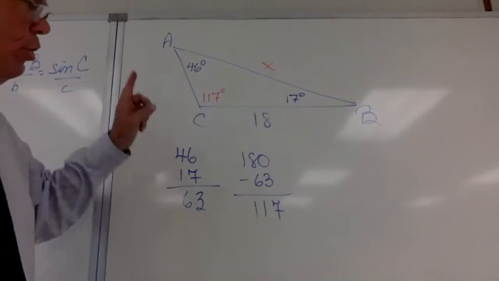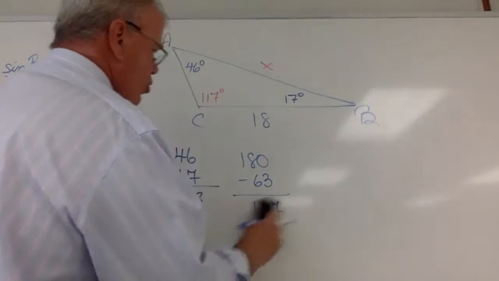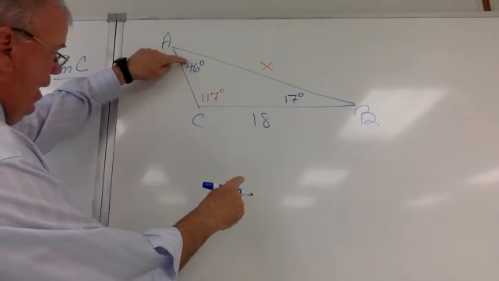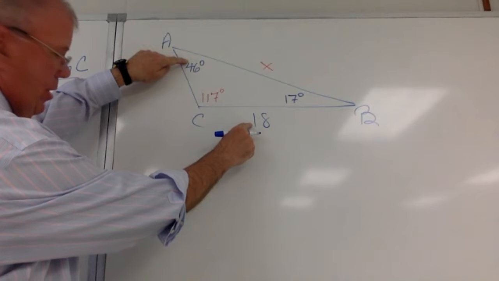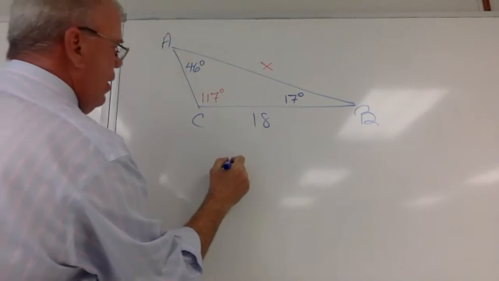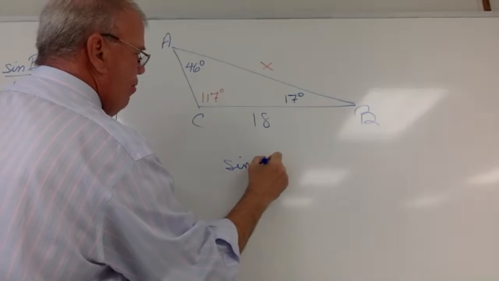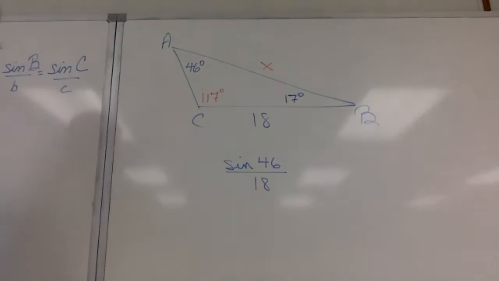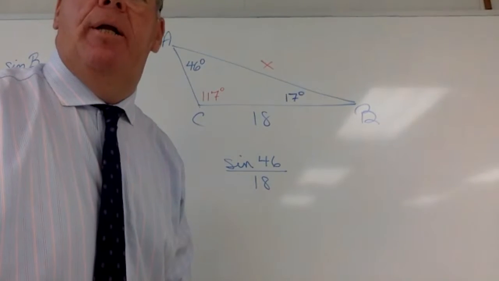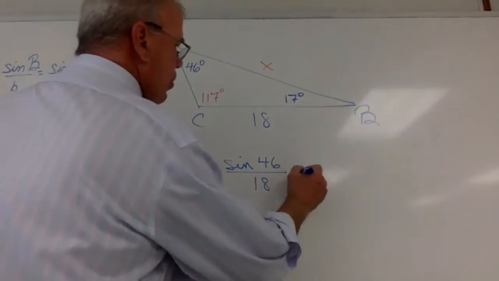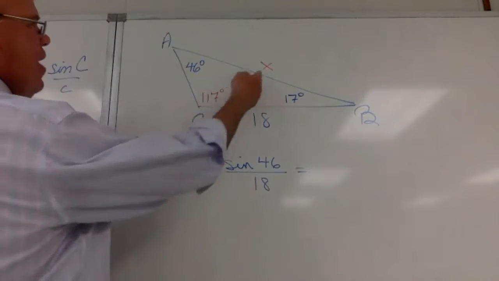So what do I know has to be true? Look what I have. I have an angle and the side opposite. So the sine of A over a becomes the sine of 46 over 18. What's that going to be equal to? Well, I want to find this side.